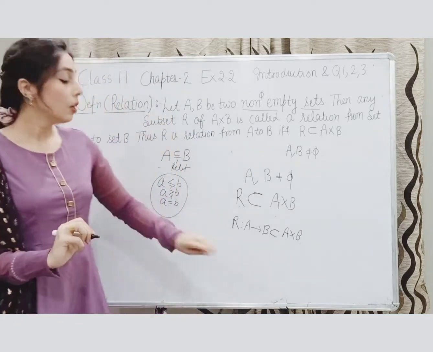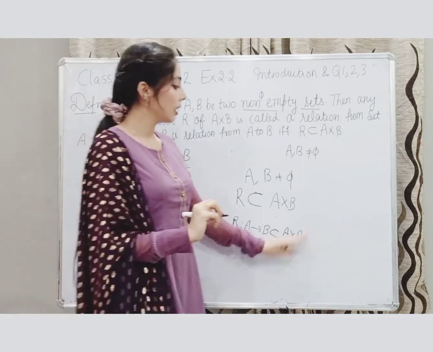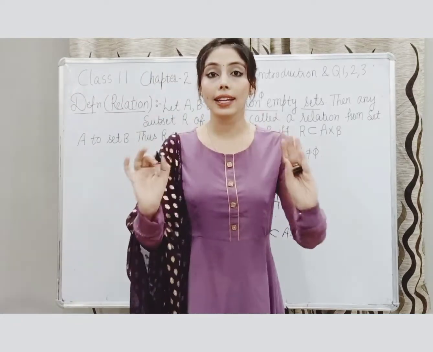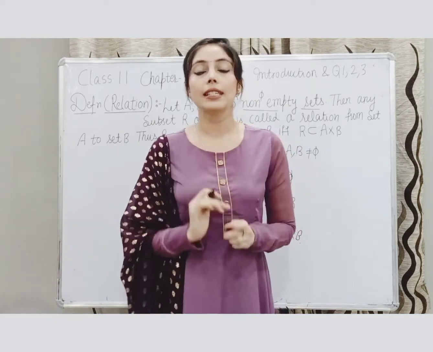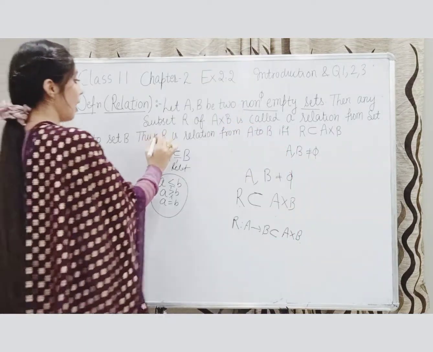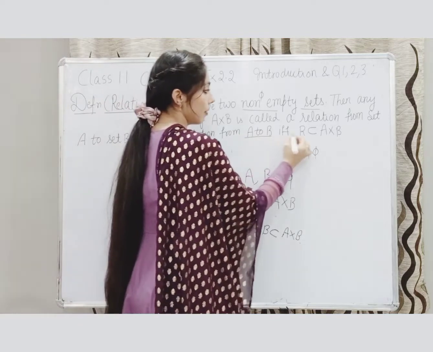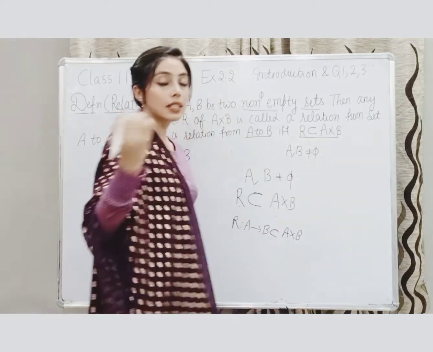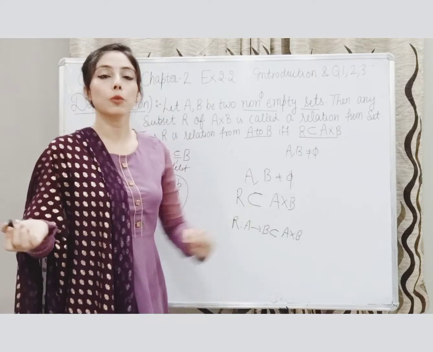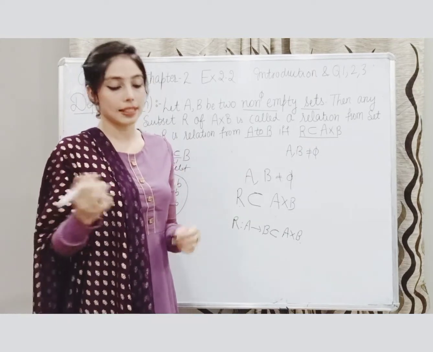So what is a relation? A relation is a subset of the Cartesian product of these two sets. In other words, R is a relation from A to B if and only if R is a subset of the Cartesian product of these two sets.